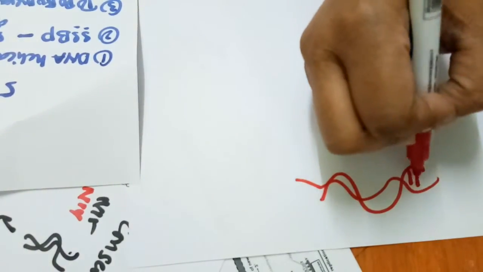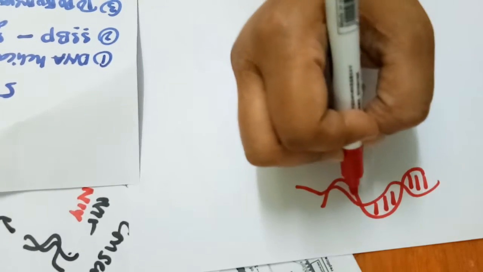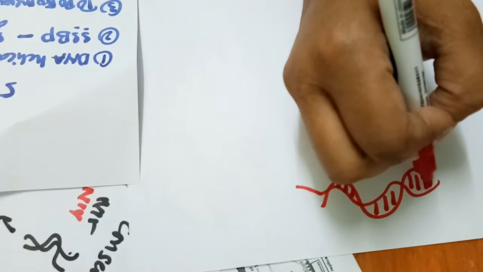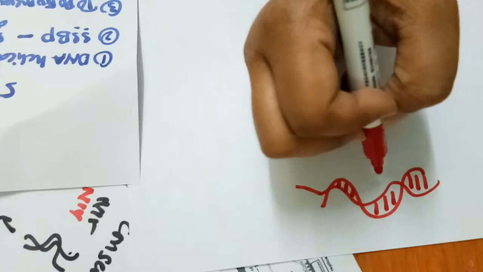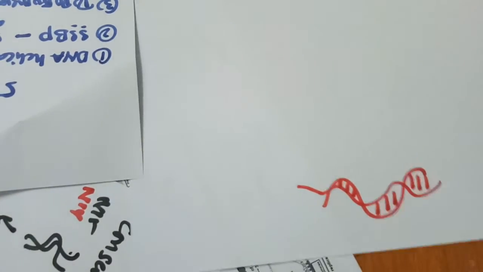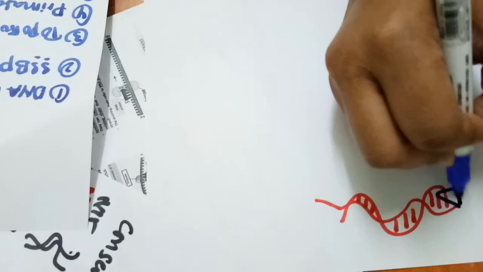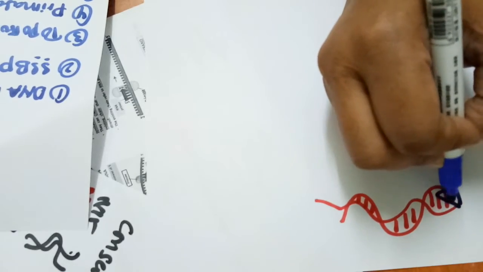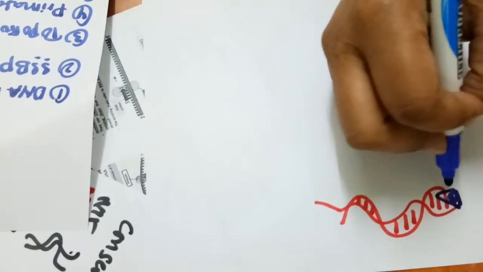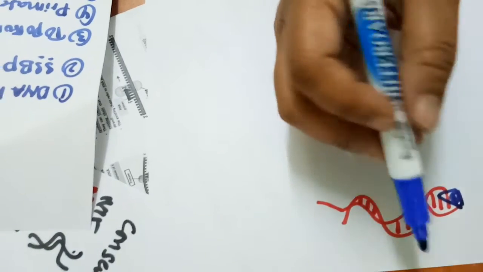This refers to the nucleotide base pairs. What happens is, first, number one is DNA helicase. DNA helicase will bind here at the origin of replication.